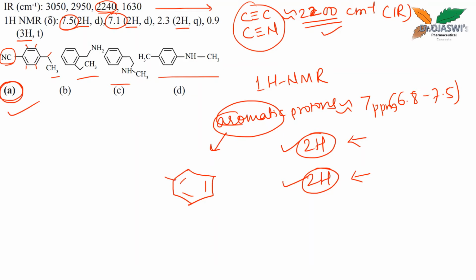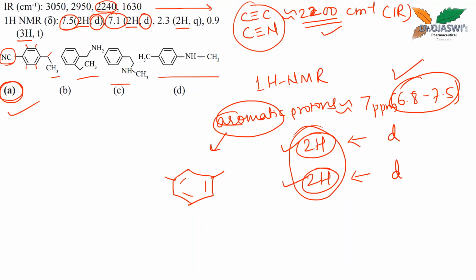So in such a combination, you see the multiplicity, this is doublet doublet. You have to observe very carefully the value ranging around 7 ppm, the delta value, then 2H 2H, doublet doublet. This combination tells us that hydrogens are available here and here there is some substitution.